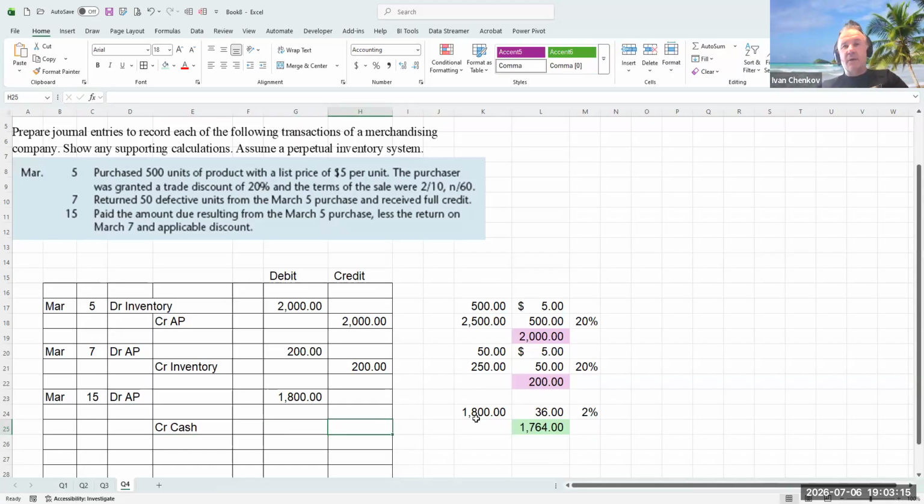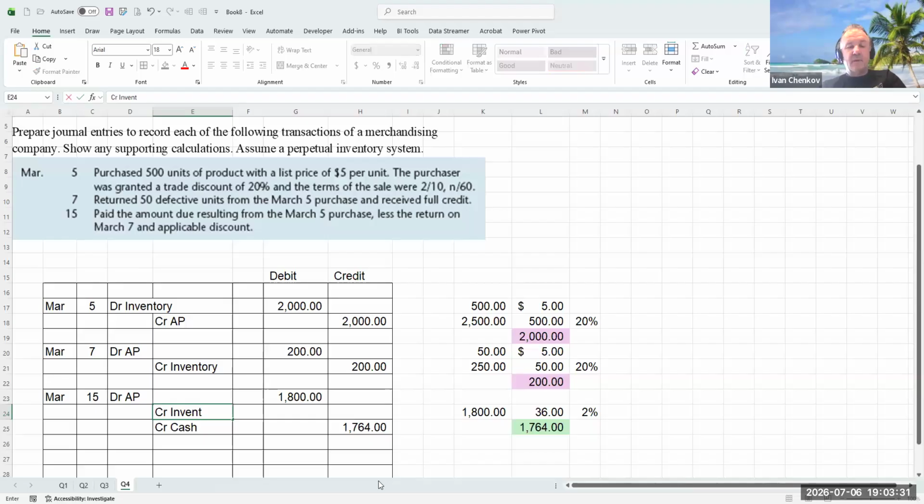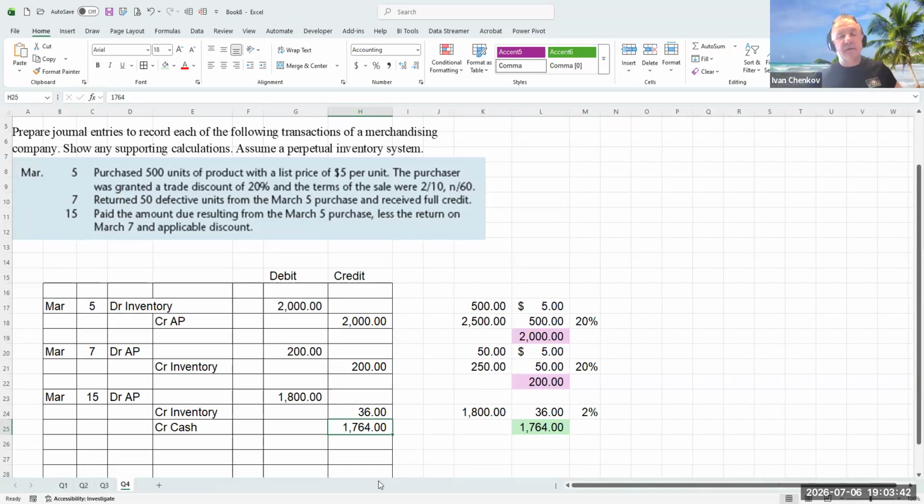We're paying 1,800 less the 2% discount, which we're allowed to take, 1,764. And where is the difference gonna go? The difference is gonna go to inventory. In the inventory account, we're gonna balance that journal entry with $36, and now we're in balance. And that's our purchases.